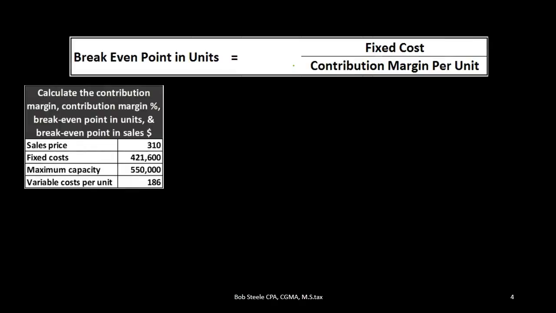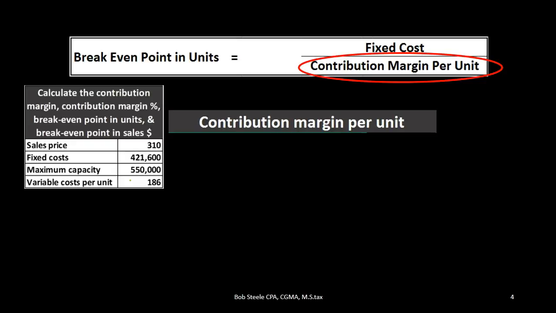If this is our data, and we're going to calculate the break-even point in units, we have a sales price of $310, fixed costs of $421,600, maximum capacity of 550,000, and a variable cost of 186. We're going to first look at the contribution margin per unit, the first calculation needed.